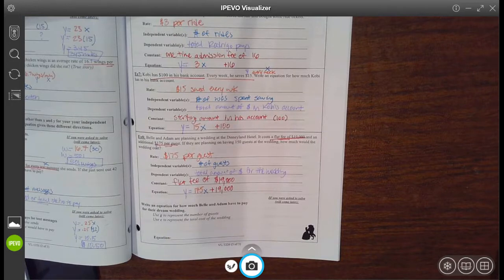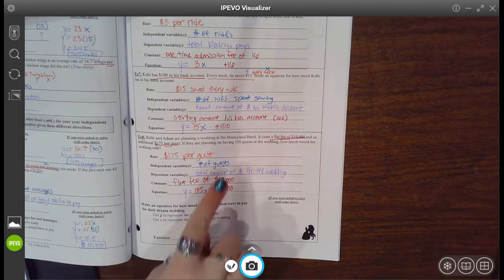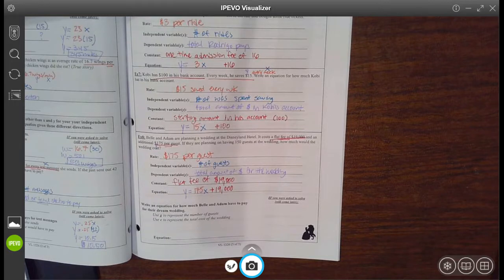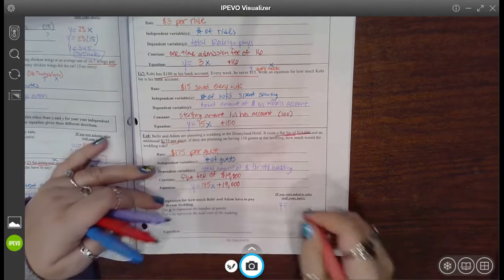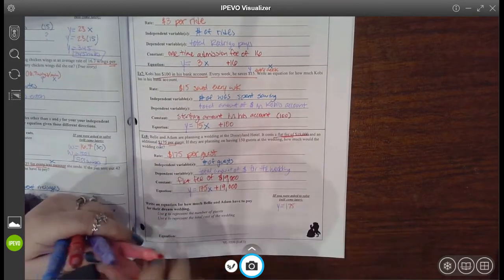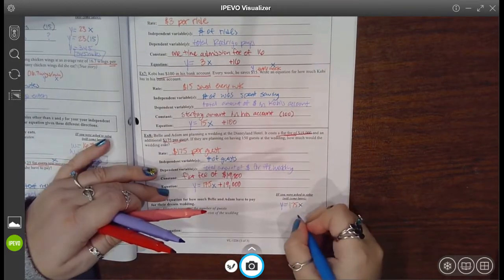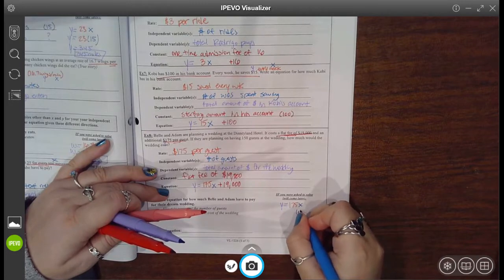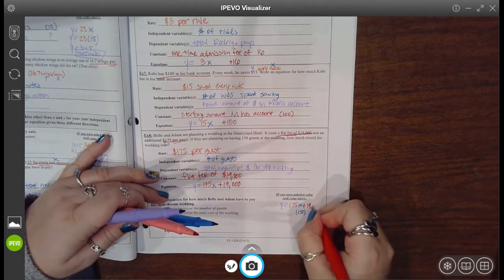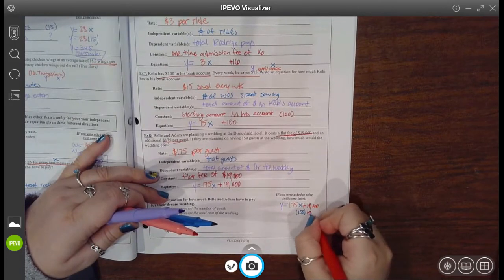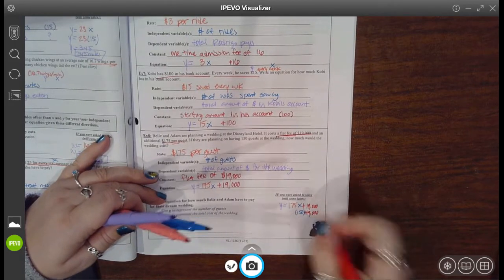Let's say you have 150 guests. Okay, that's actually a modest wedding. How much is that going to cost you? Well, it would be, again, y equals 175 times x, where x is 150 guests, plus this $19,000. Oops, plus sign there.